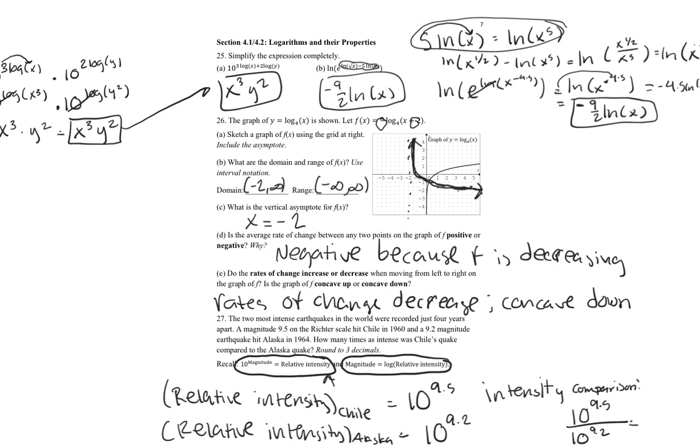And so if we evaluate that, we get 1.995. So then we can say Chile's quake was 1.995 times as intense as Alaska's.